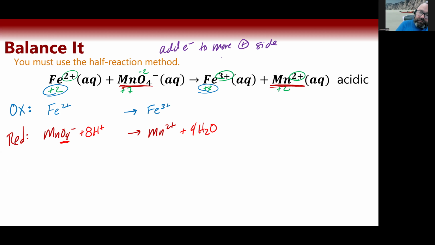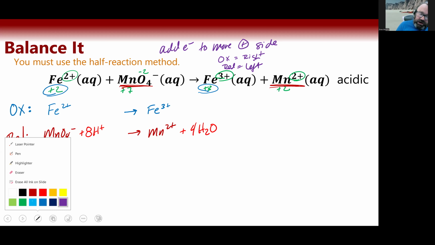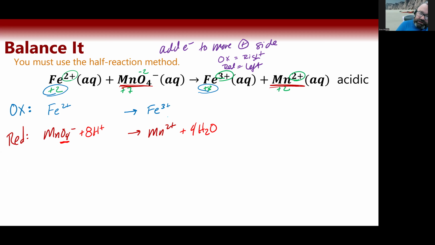Okay. For reference, the oxidation should be on the right, and the reduction should be on the left. But there we go. All right, so in the oxidation half, we have a 2 plus turning into a 3 plus, so that means this side needs to have one electron so that both sides are 2 plus. Remember, we're not trying to get both sides to be 0, we're just trying to get both sides to be the same.